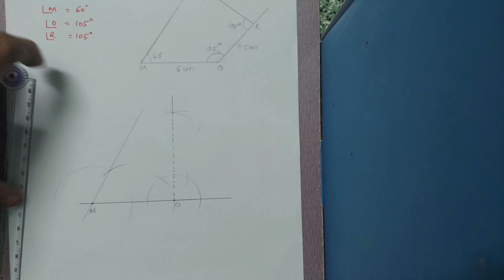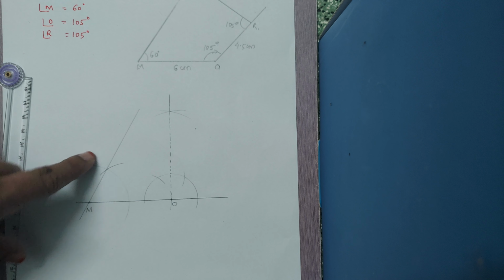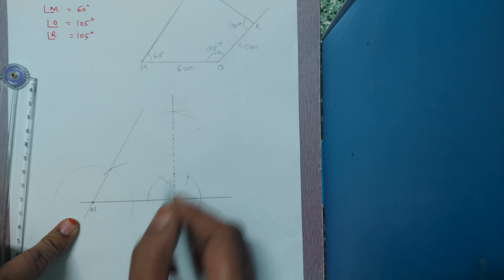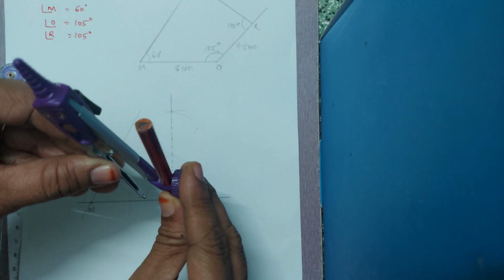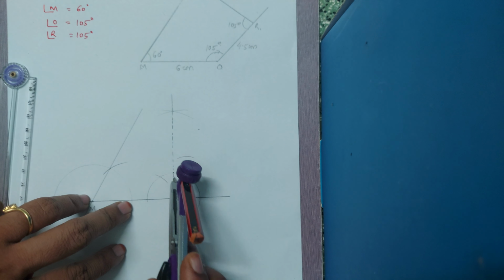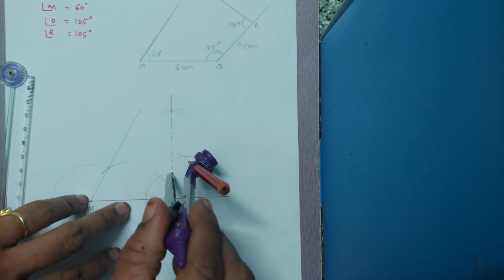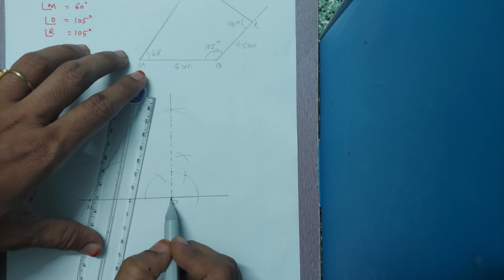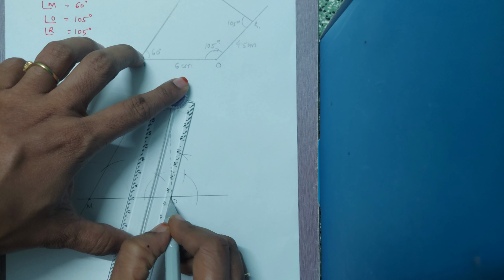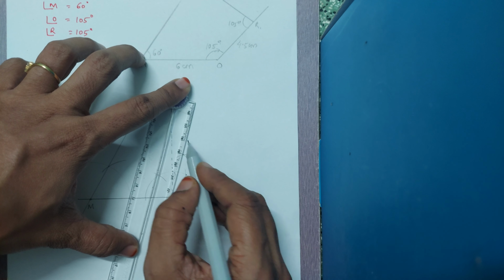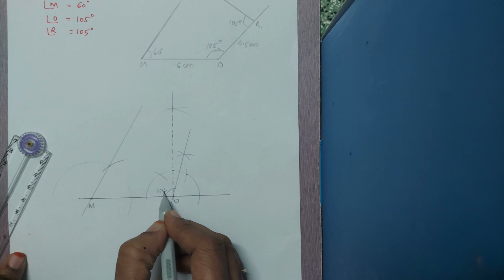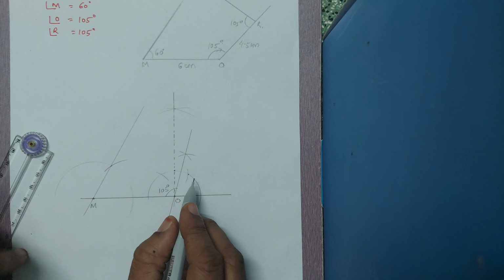So this is 90. Now if I bisect the angle between 90 and 120 and join that line, it will give me 105. Take a convenient radius, bisect the angle between 90 and 120. Here is the point. This is 105 degrees.